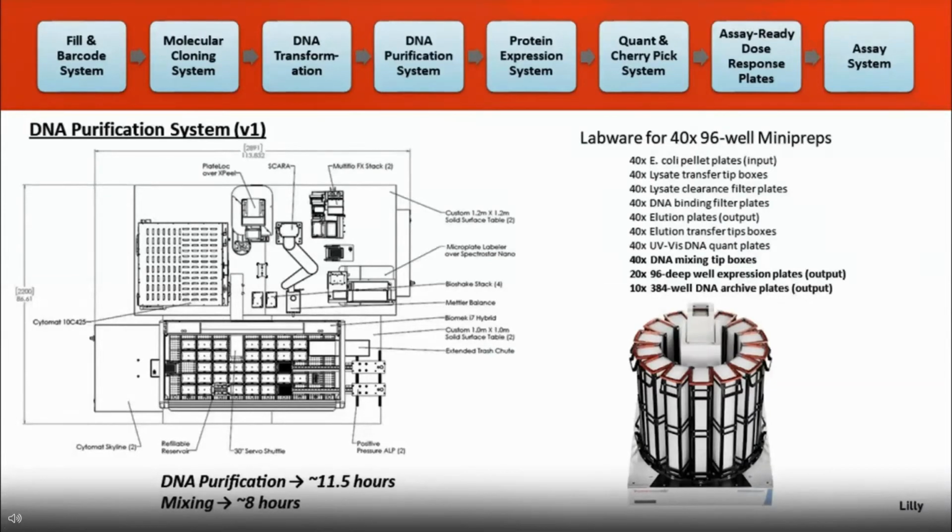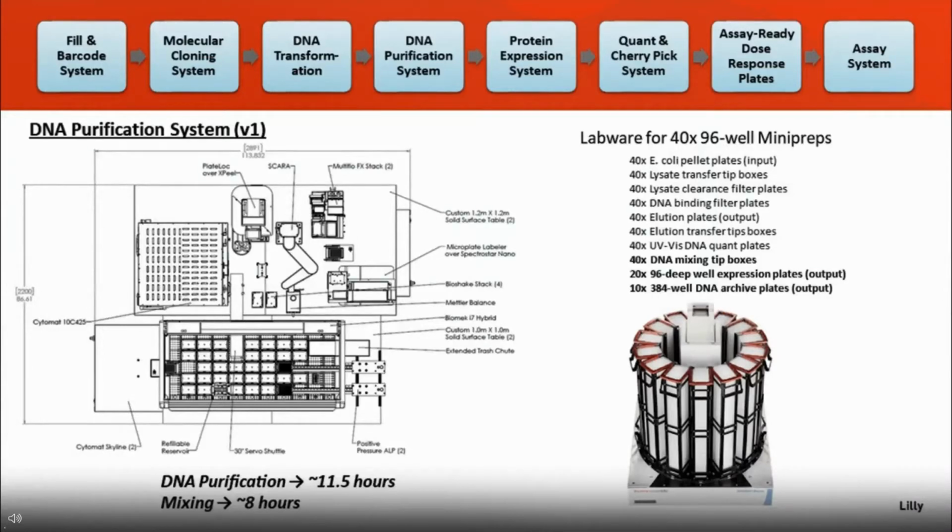So as we purify DNA, we can take an aliquot and measure it and determine what the purified yields are. What became apparent as we first designed this system and looked at what it would take to run 40 96-well miniprep plates is this: what I mentioned earlier was we started this process with 20 96-well plates of sorted cells, and those get split into heavy and light chain plates. So that's where the 40 96-well plates are coming onto the system.